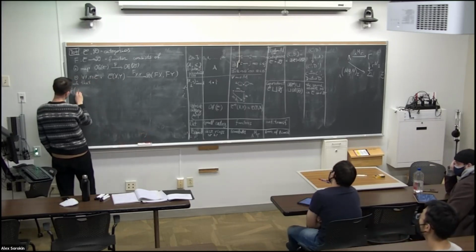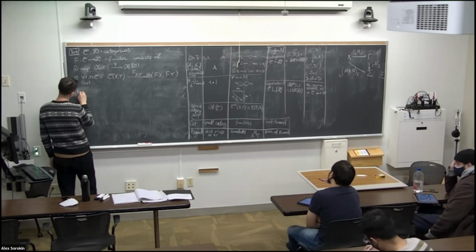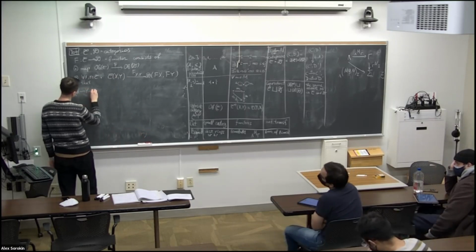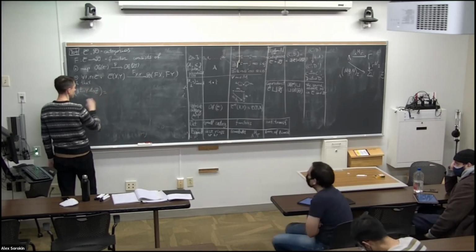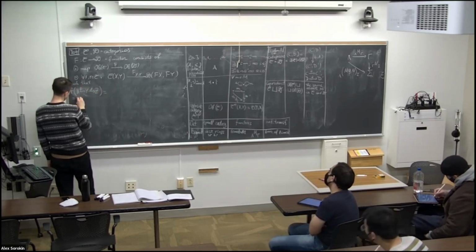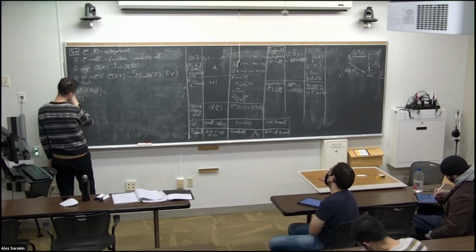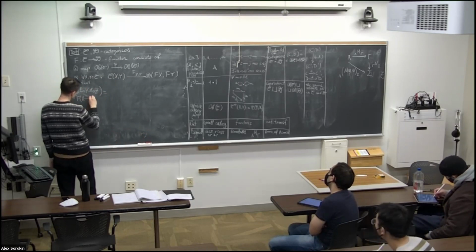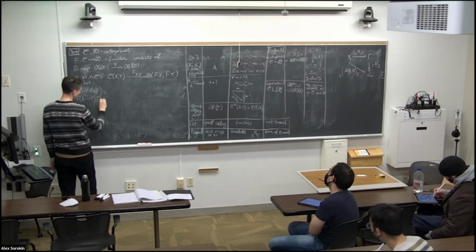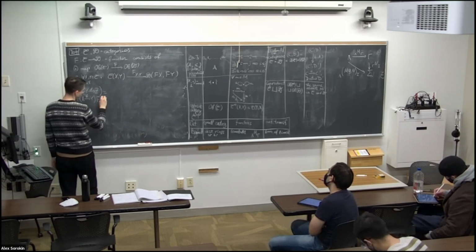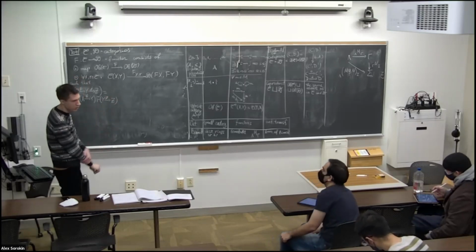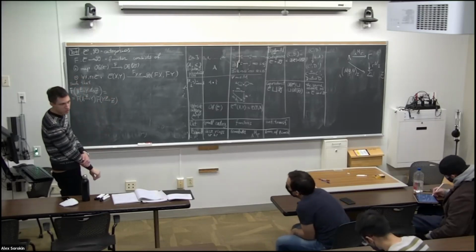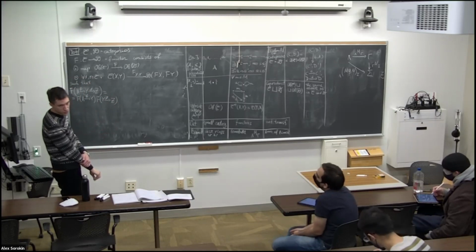F of G composed with F: X to Y to Z, F of GF equals F of G composed with F of F. It's the usual axiom of a functor: the image of a composition is the composition of images.